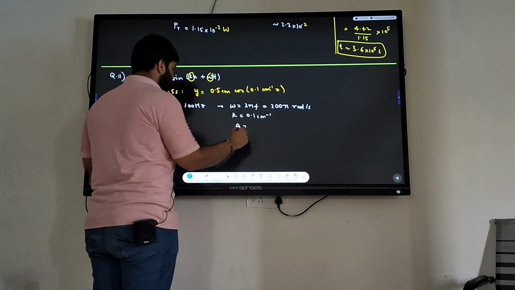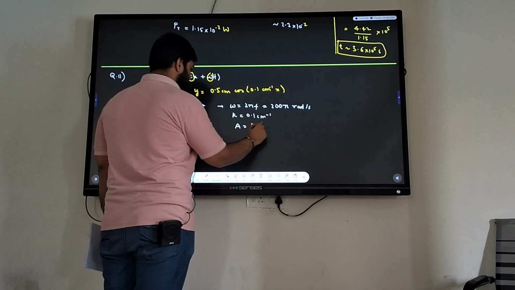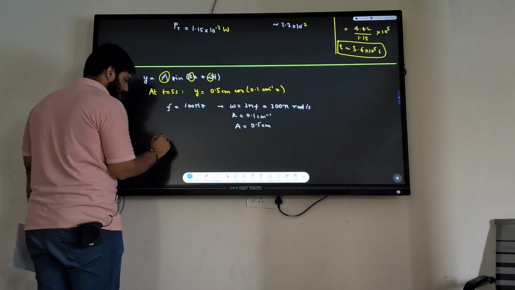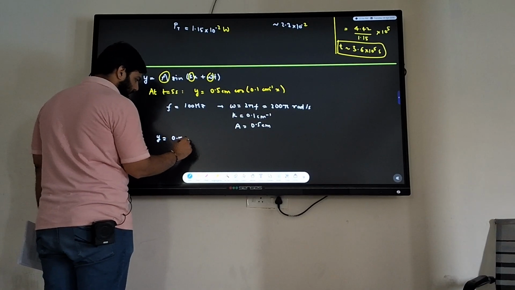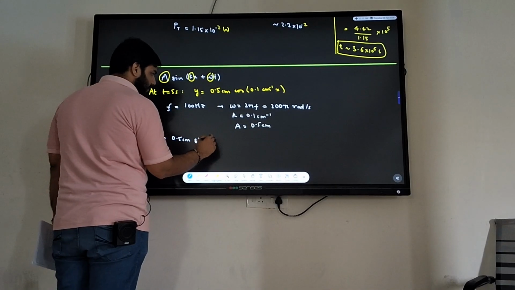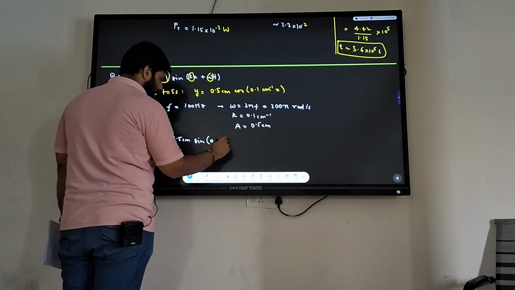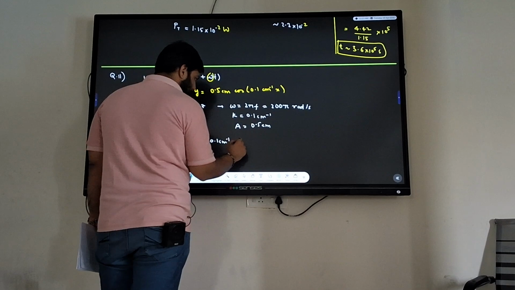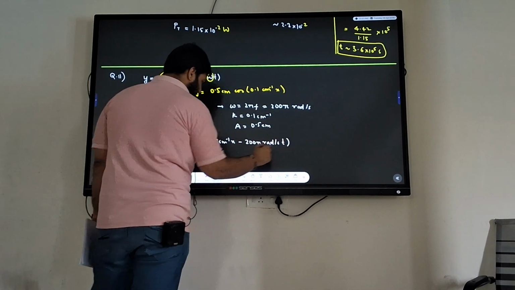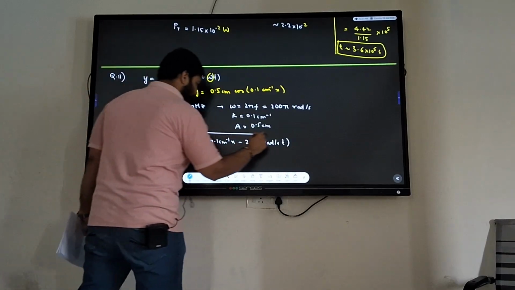What is a? 0.5 centimeters. So I can completely write the equation. y is equal to 0.5 centimeters sin(0.1 centimeter inverse x minus 200 pi radians per second into t). This is y.